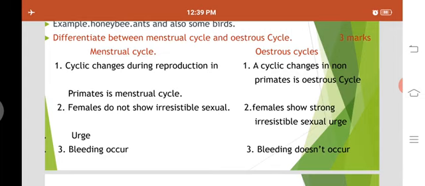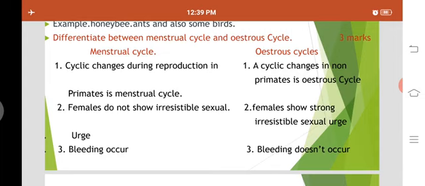You have studied the reproductive cycles, one concept in the same topic, reproduction in organism. What is the reproductive cycle?